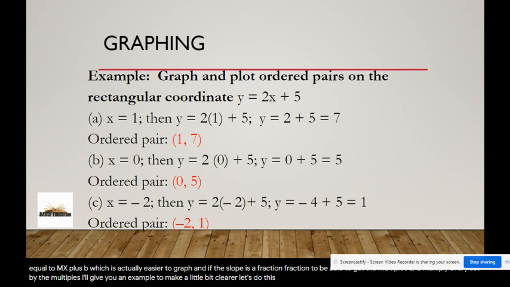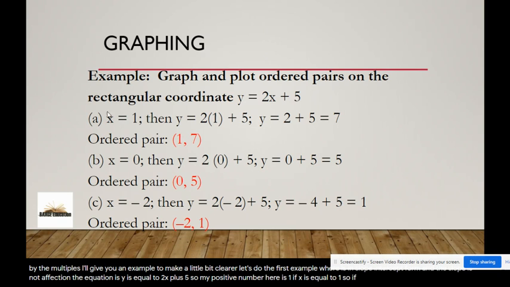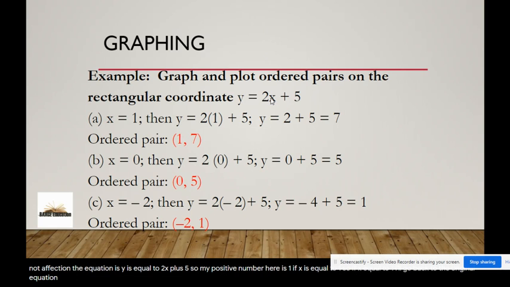Let's do the first example, where it's in slope-intercept form and the slope is not a fraction. The equation is y equals 2x plus 5. My positive number here is 1. So if x equals 1, I go back to the original equation and replace x with 1.